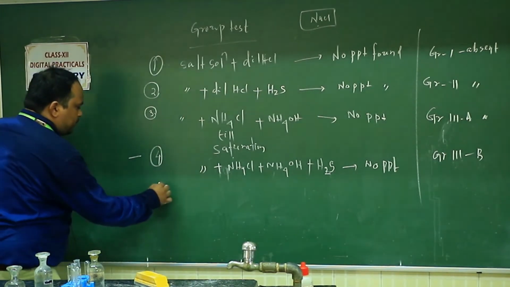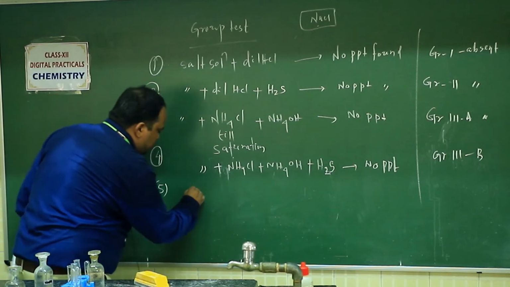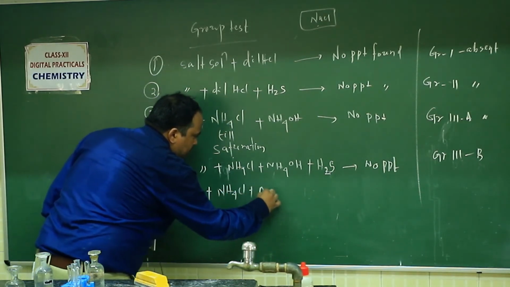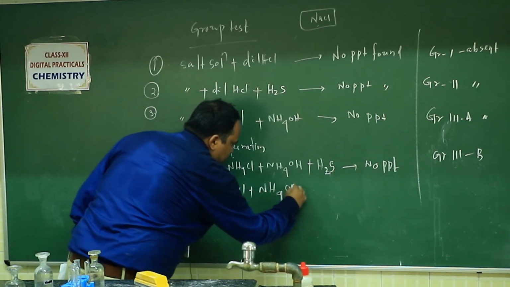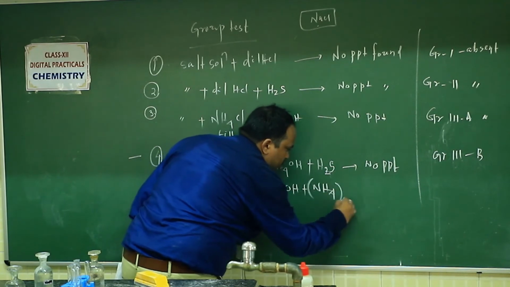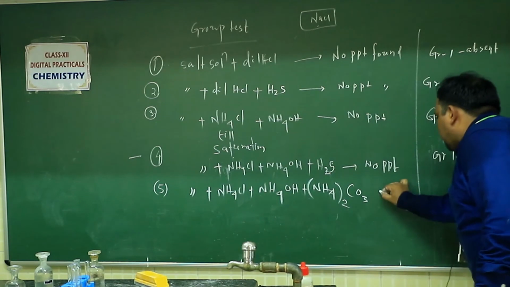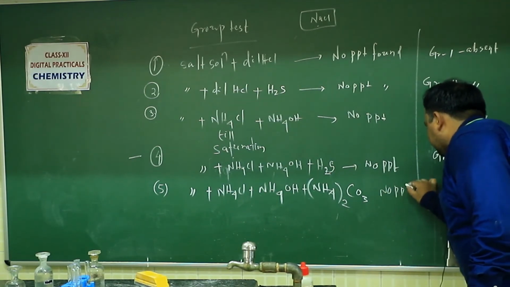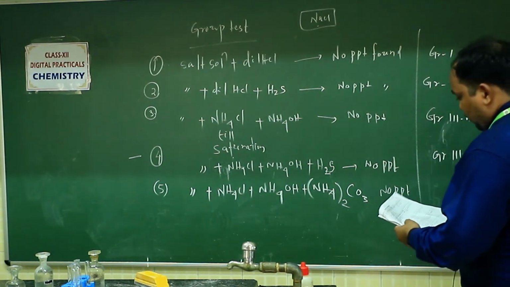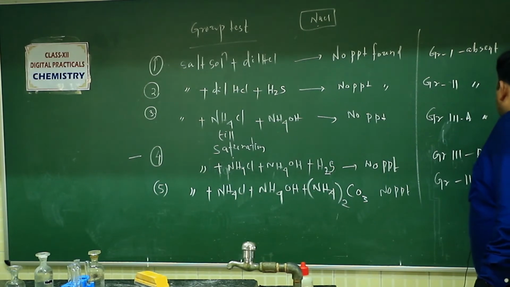Then for the next step, add salt solution plus ammonium chloride plus ammonium hydroxide plus ammonium carbonate. Again the observation is no precipitate. That means group 4 is absent.